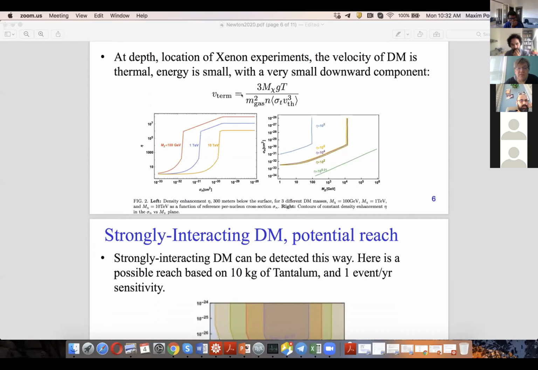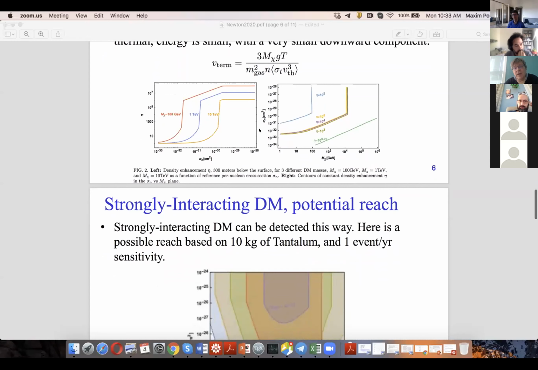Because this V terminal is so much smaller than the initial velocities with which dark matter particles are coming into the atmosphere, which is 10⁻⁵, there is a huge enhancement in densities at deep locations.